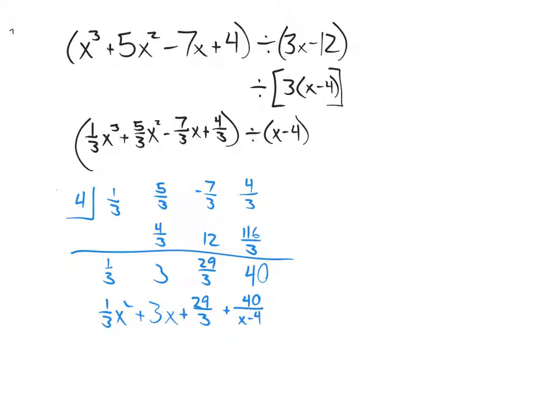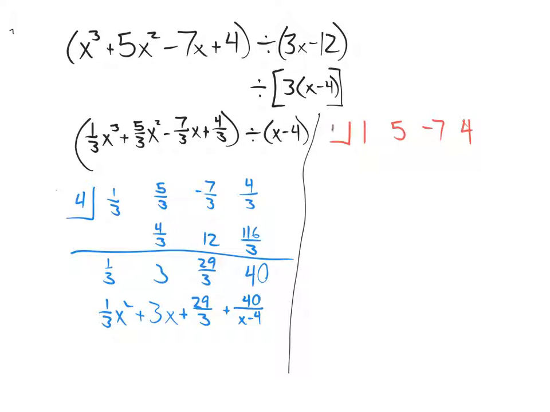Now, I told you the alternative was to do the synthetic division first and then divide by 3. Personally, I think that might be the easiest route to take. If I did synthetic division right off the bat, my coefficients would be 1, 5, negative 7, and 4.